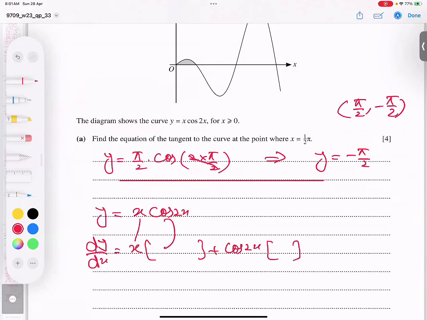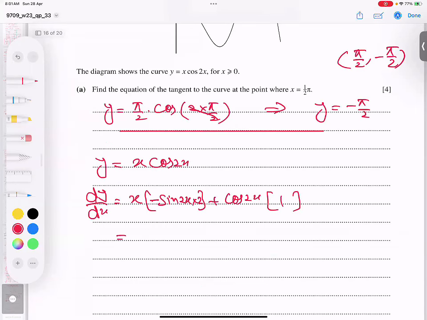Cos differentiation gives a negative sign, sin 2x, into 2. This 2 comes from the angle, don't forget this 2. And the x derivative is 1. Now I will just simplify, and don't put the limits in until you simplify as much as possible.